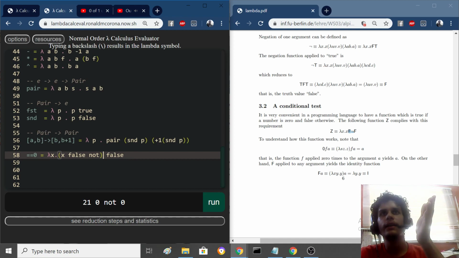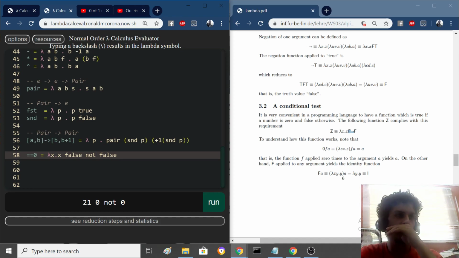And then that's applied to false, which seems weird, right? But let me show you that this is not as weird as you think, that it makes more sense than you think. So let's just say x is like 3 or something.